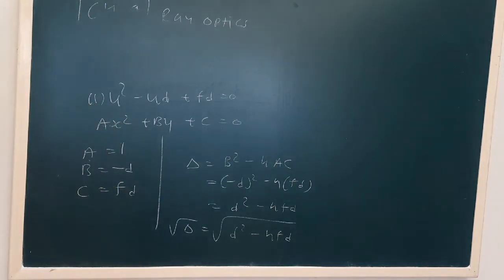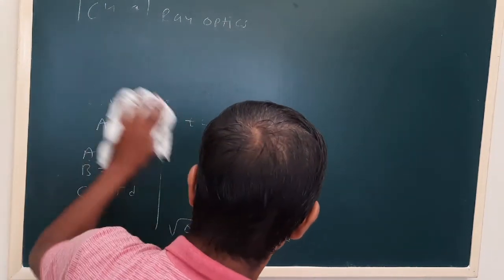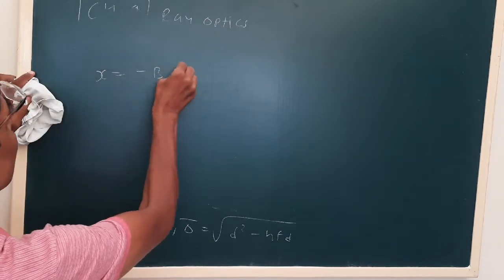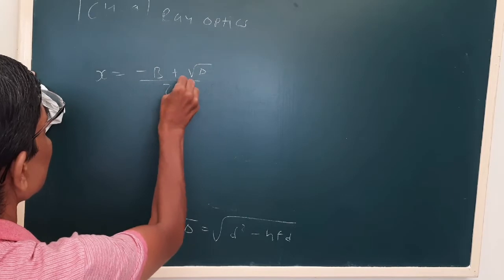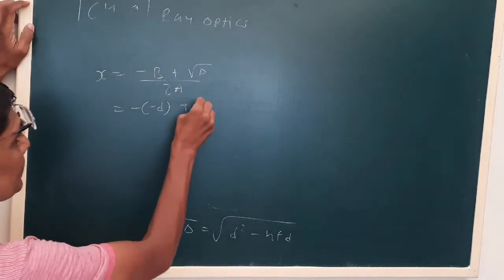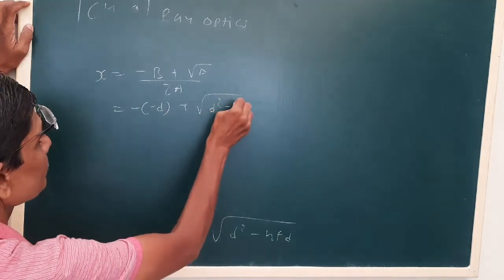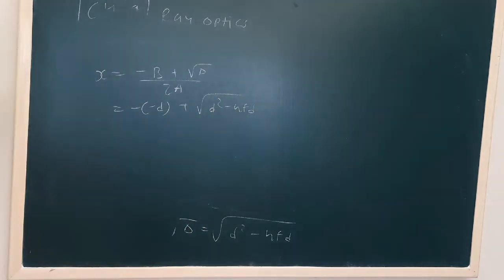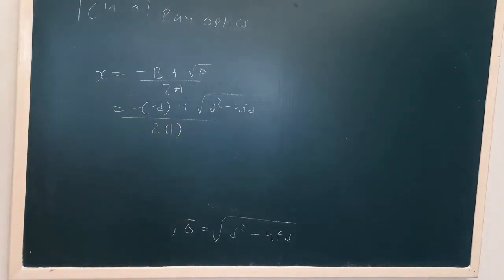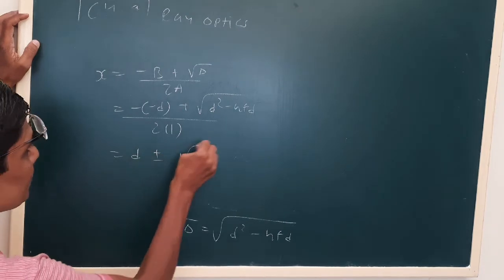Okay, now our solution will be of this type: minus b plus or minus root delta upon 2a. Now this is how we can solve. So d plus or minus root of d square minus 4fd, upon 2.